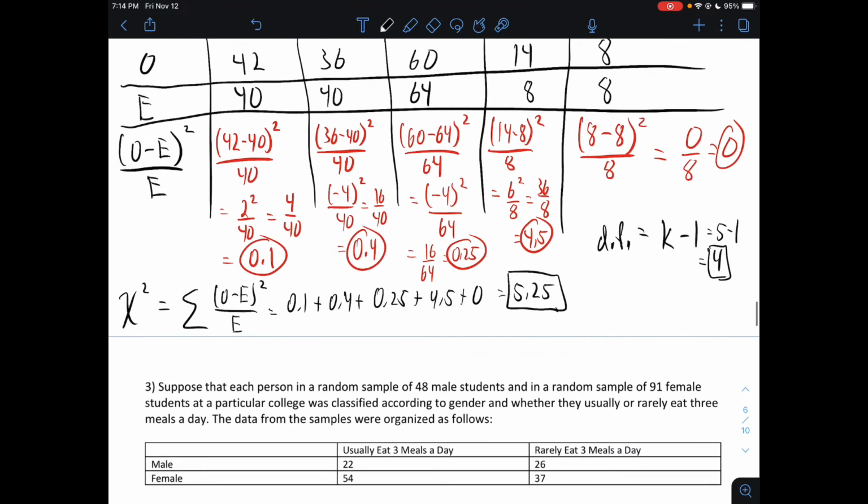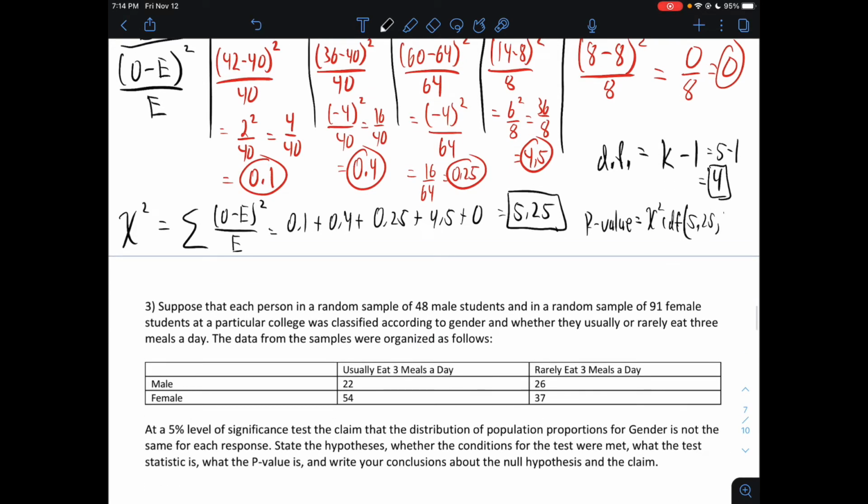For the p-value, we're going to use chi-square CDF, and it's the test statistic value, 5.25, 1E99, and then 4. So on your calculator, go to second and vars, down to chi-square CDF, enter the numbers like we see here, 5.25, comma 1E99, comma 4, and what you get is, if you round to 3 decimal places, 0.263.